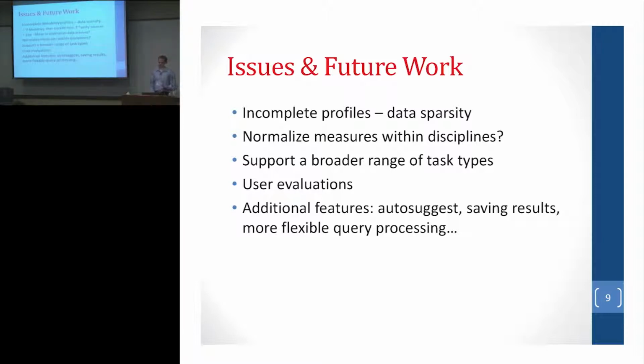And then, obviously, you can always think about many more additional features. Auto-suggest, so we could actually have a context-based auto-suggest saying, if I'm looking for a person, then I only get persons in the auto-suggest list. If I'm looking for an area of expertise, then only based on this. And then saving results, as mentioned yesterday, would be a good idea.